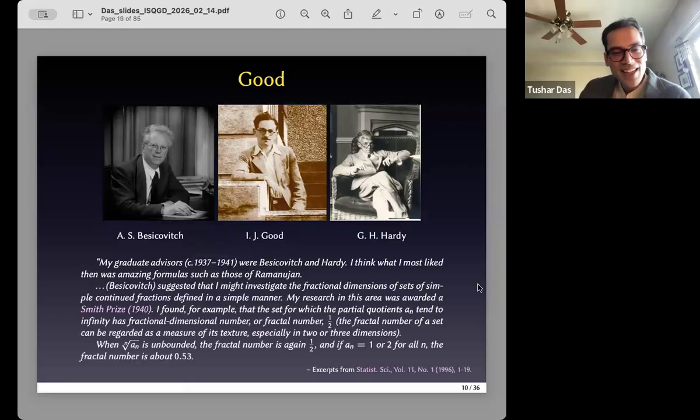And Besicovitch gave him the following problem, just like Jarnik gave Kurzweil. He said, well, why don't you study Hausdorff dimensions of sets of continued fractions? And I just want to point out that Good's results, which I will show you on the next page, won the Smith Prize in 1940. That's the top prize at Cambridge.